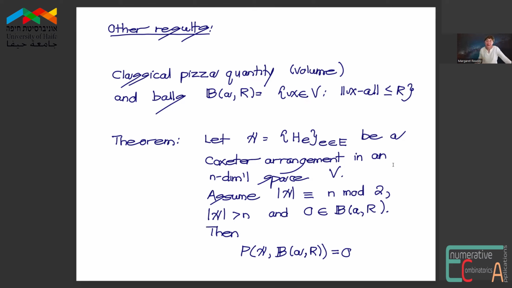Okay, so let's assume the number of hyperplanes has the same parity as your space. And let's also assume the number of hyperplanes is strictly greater than the dimension of your space. And as usual, we assume the origin is in the ball centered at A of radius R. Then we can conclude the pizza quantity is zero here. The volume is zero. We share.